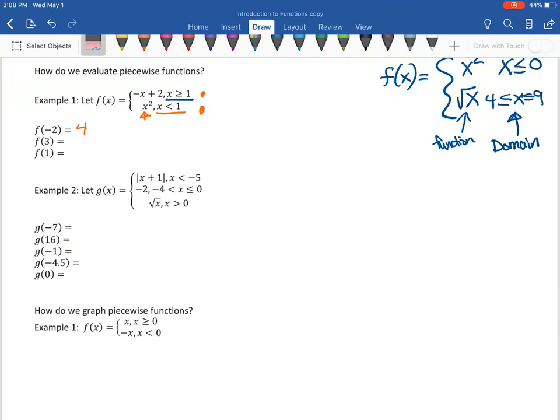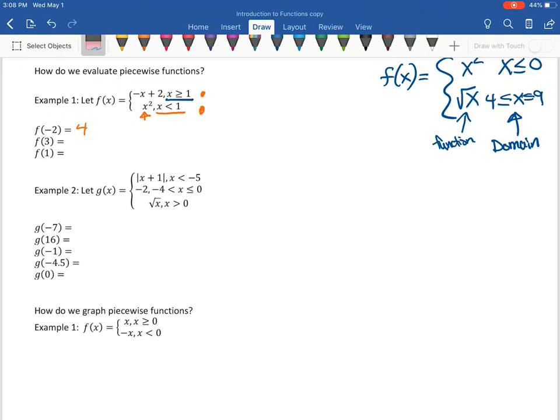Okay, now the second example, it says f of 3. I want to look to see which interval that falls on. Does it fall on the first interval or the second interval? The first interval says we're looking at all the values that are greater than or equal to 1, and the second interval says all the values of x that are less than 1.